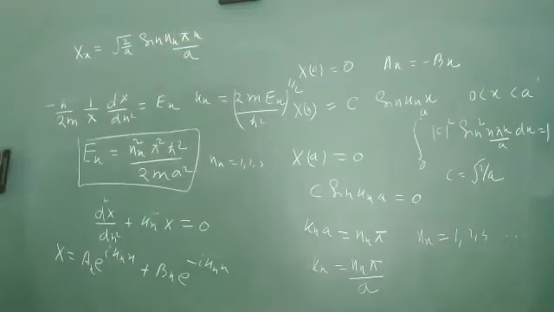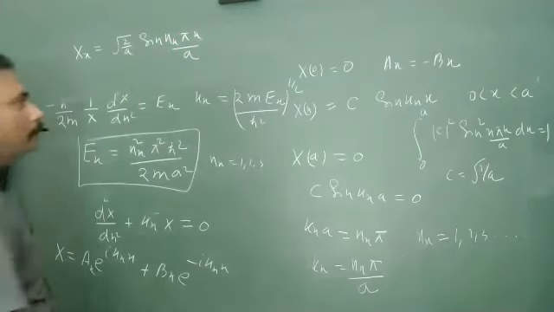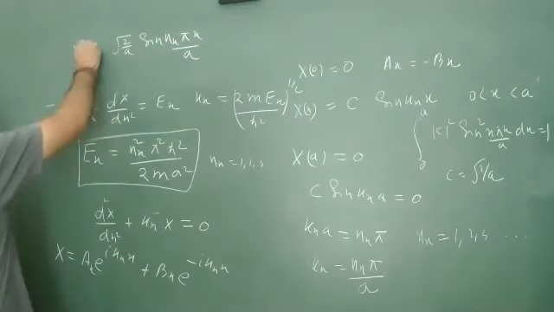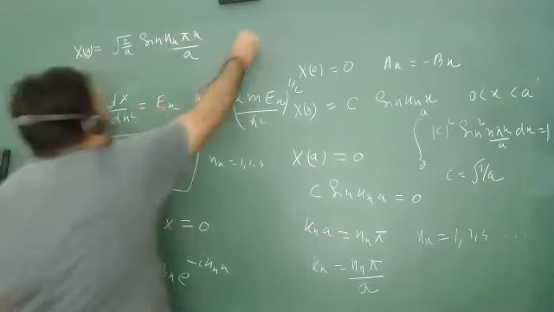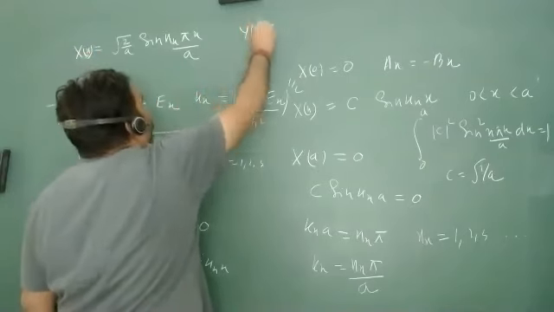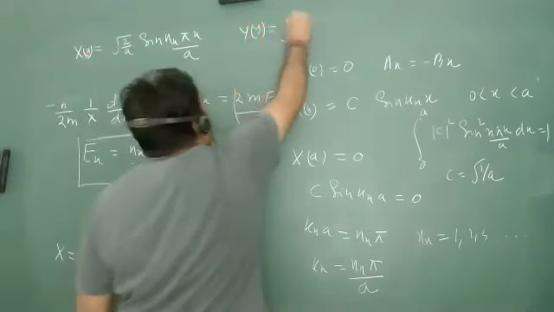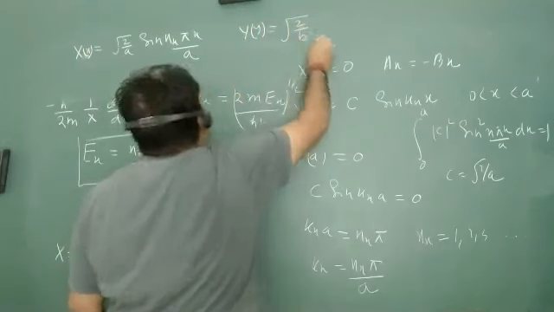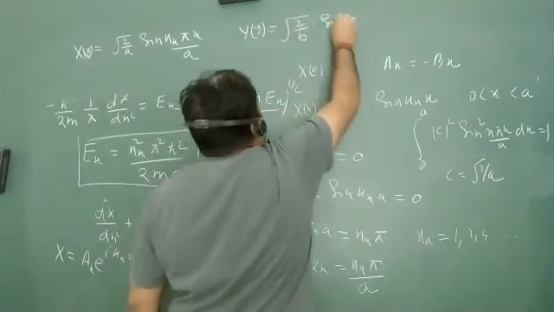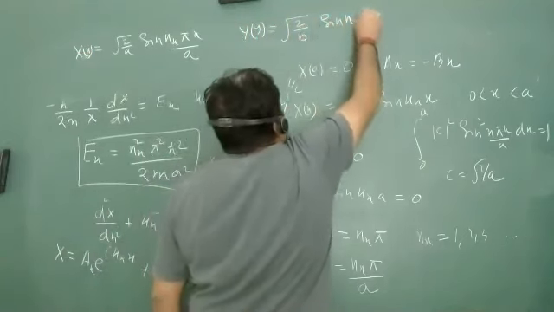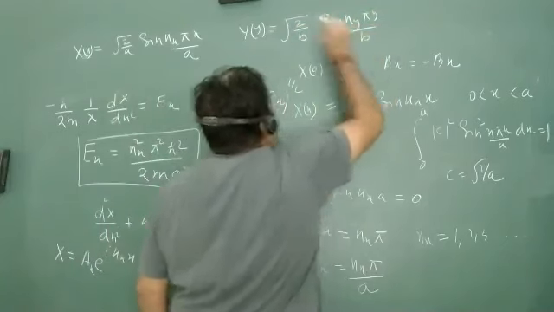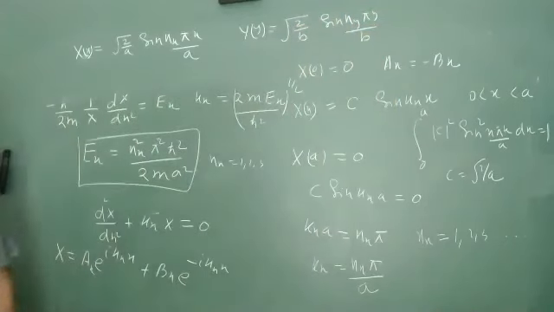What will be the y part? Root 2 upon b. From the symmetry you can write this thing. That will be root 2 upon b sine ny pi y upon b. Isn't it? And now what will be the total wave function?